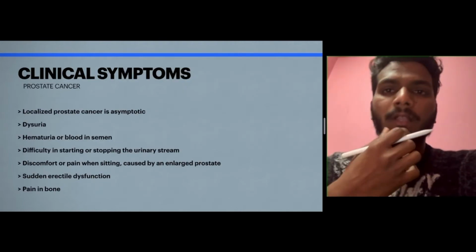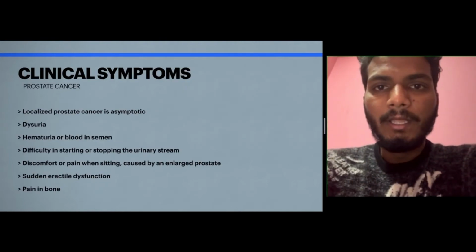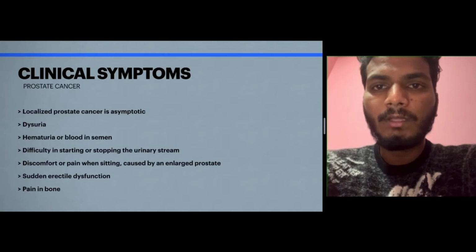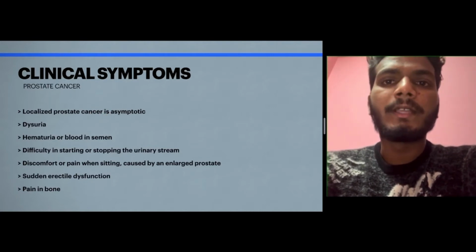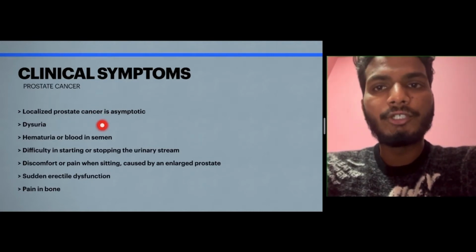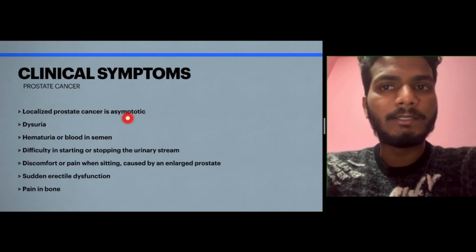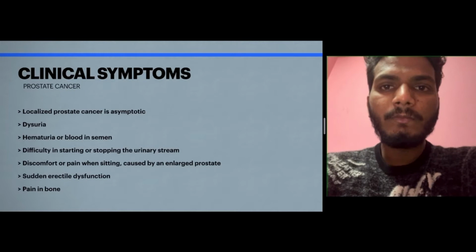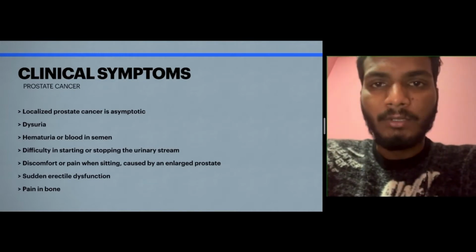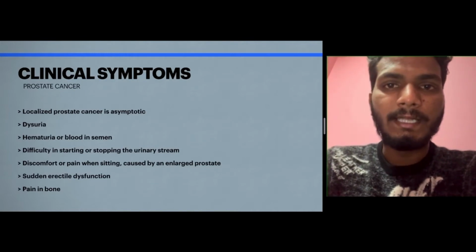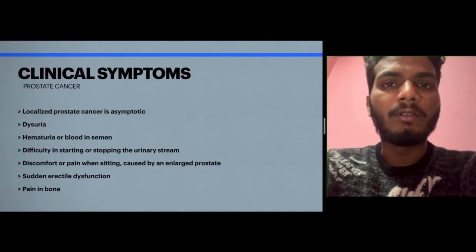Then we will talk about the clinical symptoms. So localized prostate cancer is asymptomatic. There is no symptom in localized prostate cancer, and the symptoms commonly seen are dysuria, painful urination.